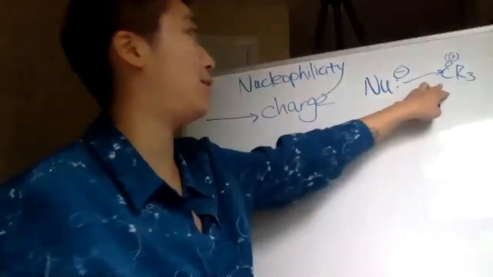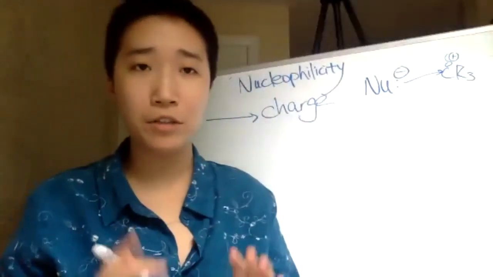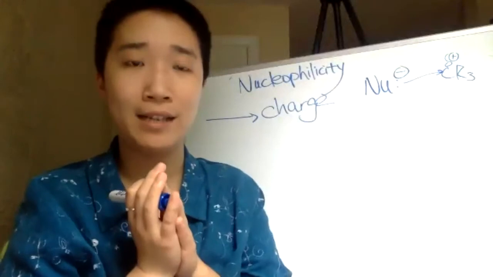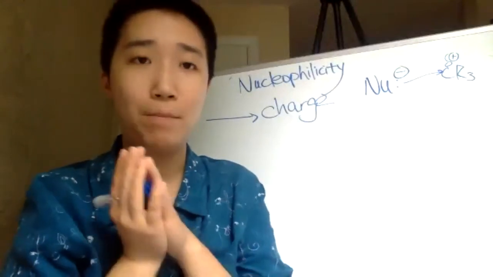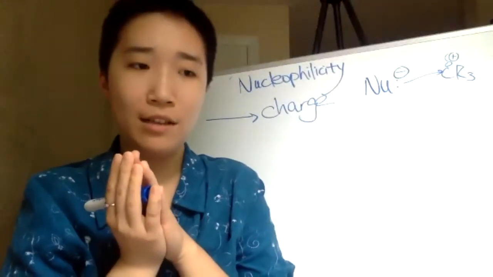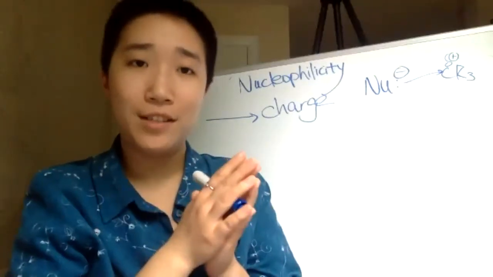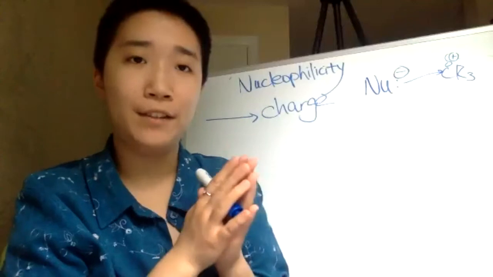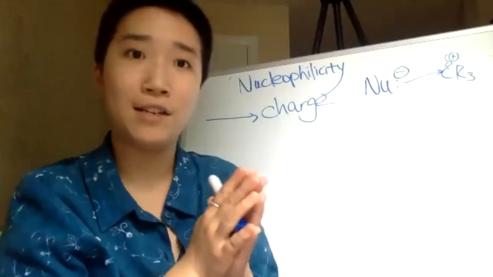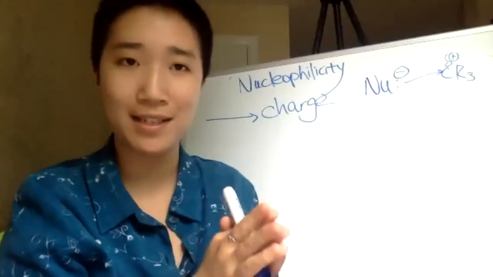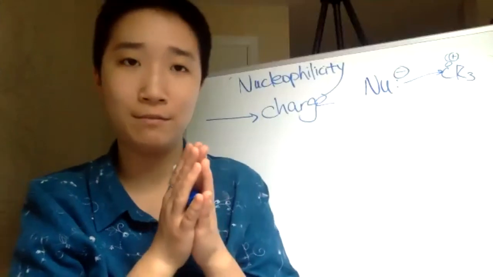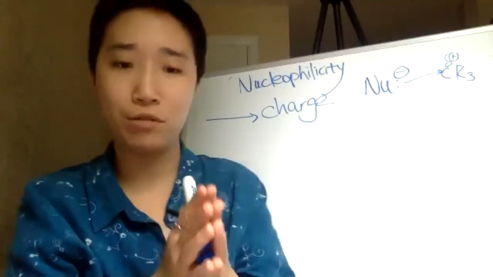And add itself to it. So in order to do that, the nucleophile has to donate a pair of electrons. So between charged and not charged, the charged species would definitely love to donate electrons more because it has more electron density. It has an extra negative charge on it to do reactions.